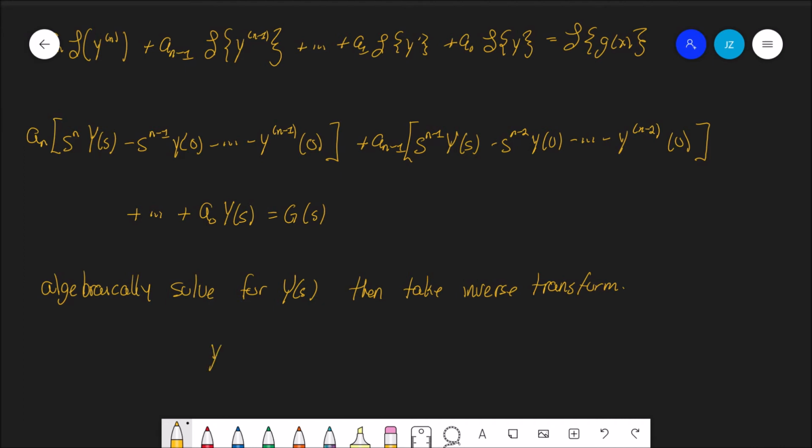This will give us a solution of the form y of x is equal to the inverse transform of big Y of s.